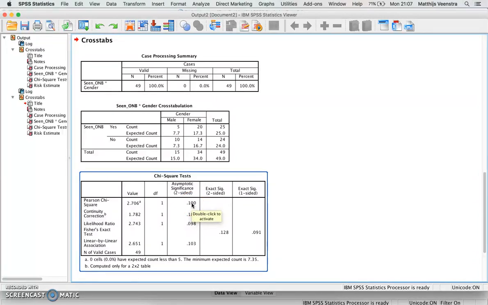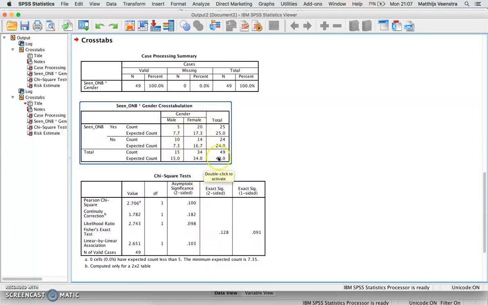This number is too high. Only below 5% do we kind of take the risk and say, okay, gender does make a difference. But in this case, like I said, 10%. So we have to conclude that this difference is just coincidence. So in reality, females don't indicate more often that they've seen the series.